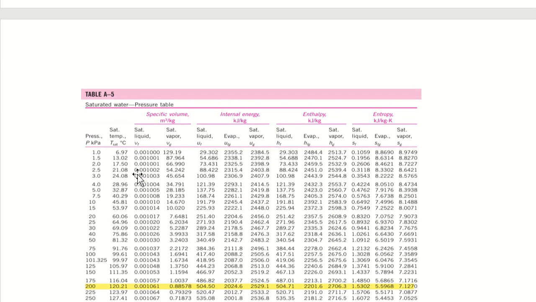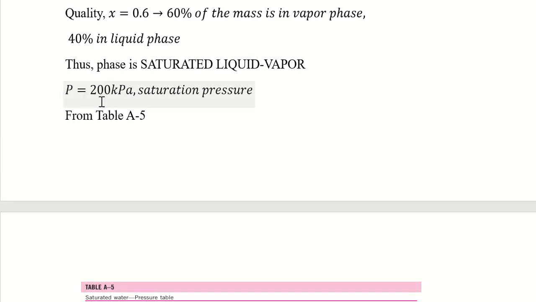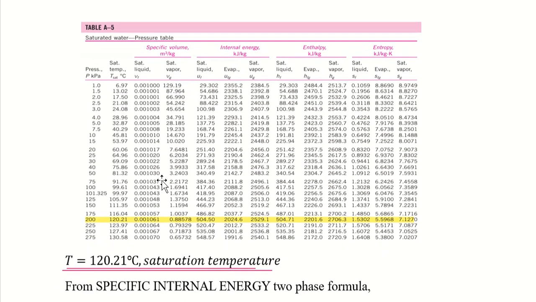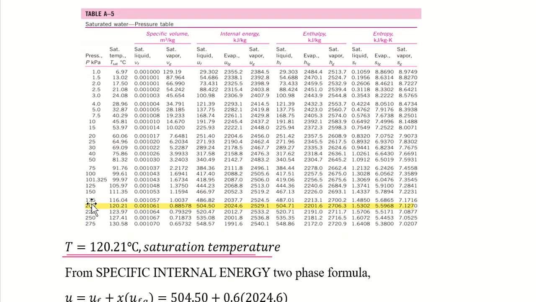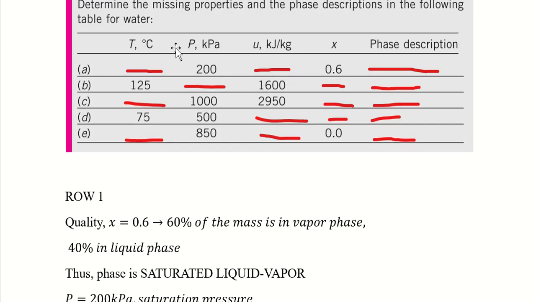So it's right here, the saturated water pressure table, and the pressure we were given is 200 kilopascals, and you see I've done all the work for you. It's highlighted right there. Pressure 200 kilopascals corresponds to a temperature of 120.21 degrees Celsius, which is the saturation temperature. And there you go, you finish part one, but that's not the only work you have to do, because you have to fill in temperature, specific internal energy, and describe the phase.